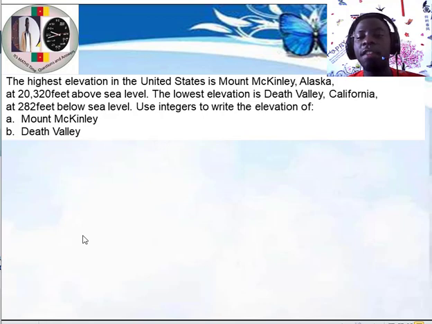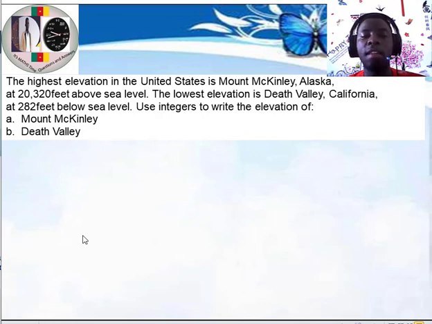The lowest elevation is Death Valley, California, at 282 feet below sea level. Use integers to write the elevation of Mount McKinley.